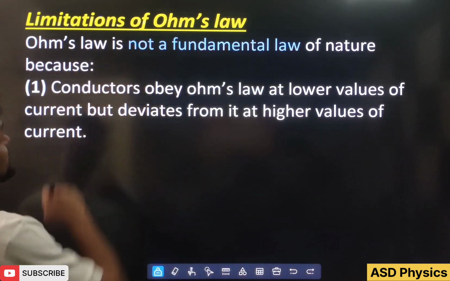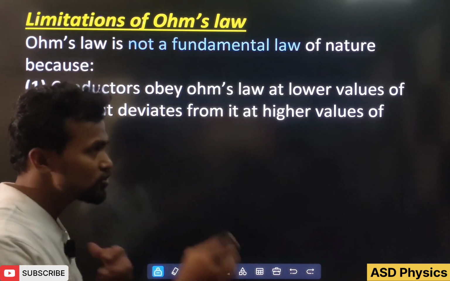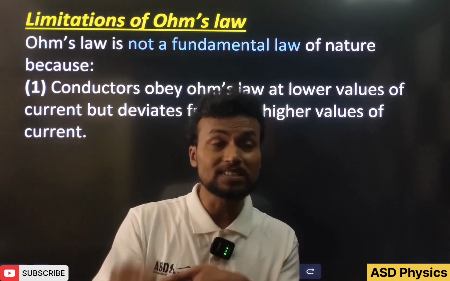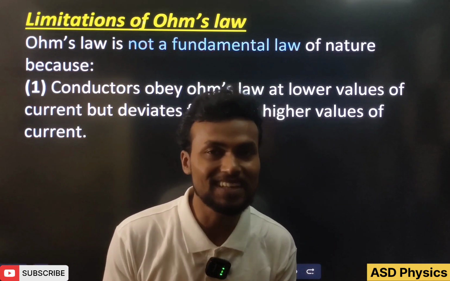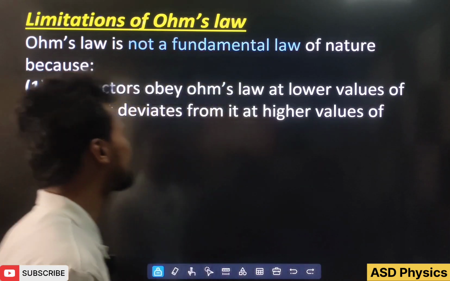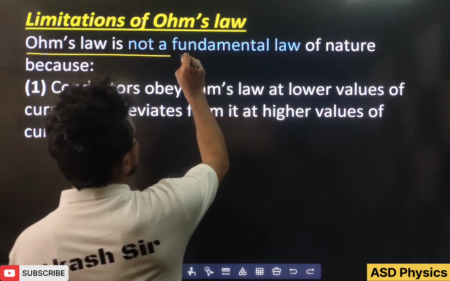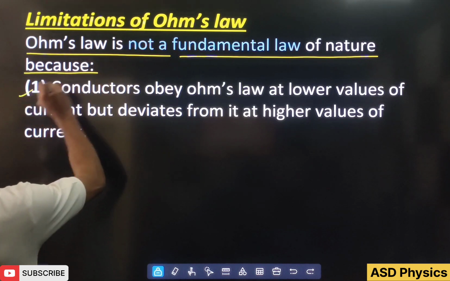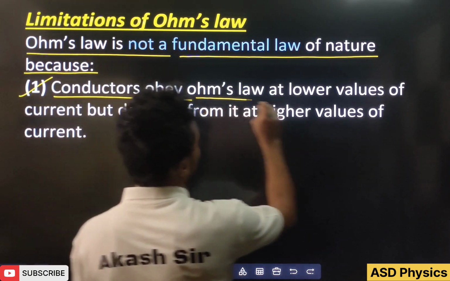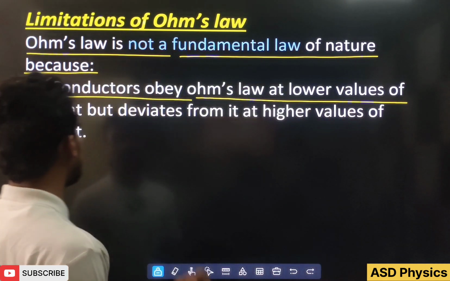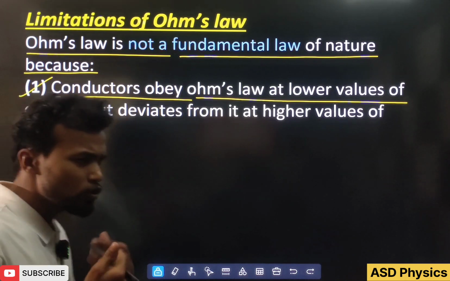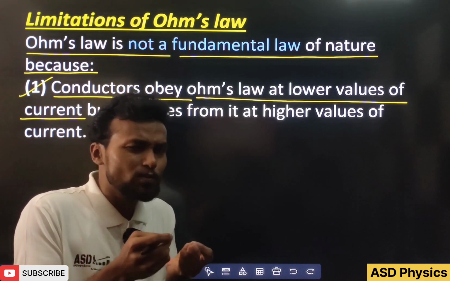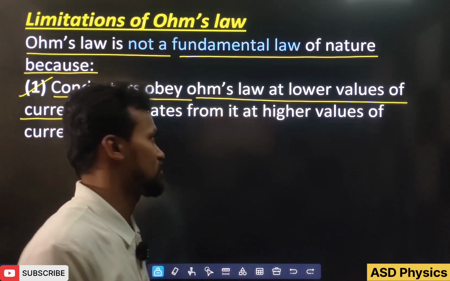Okay, next, see the limitations of Ohm's law. Ohm's law is not a fundamental law. Ohmic conductors follow Ohm's law, but a lot of materials and electronic devices do not. Ohm's law is not a fundamental law of nature, because conductors obey Ohm's law at lower values of current, since the heat dissipation from Joule's law of heating is very small, so we can consider the temperature constant.